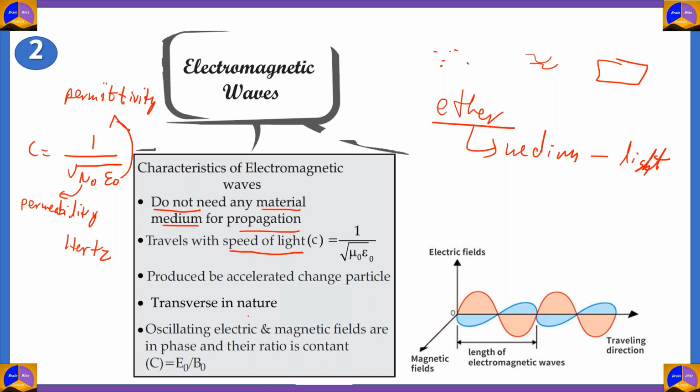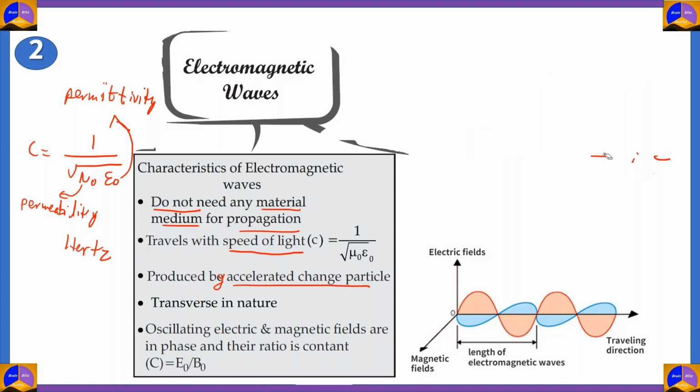Electromagnetic waves are produced by accelerated charged particles. Now, how do we find out whether an electromagnetic wave is produced by a charged particle? So let's look at an oscillating particle.